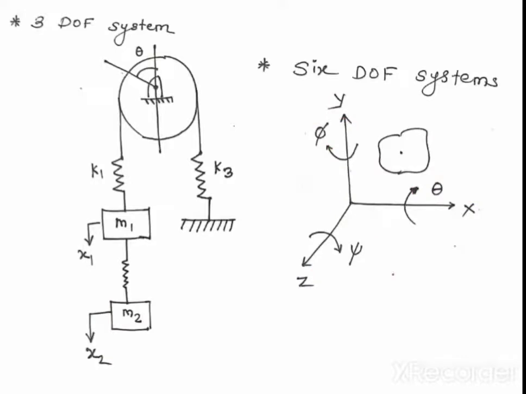If you take any body in a space, it can rotate along the x-axis, along the y-axis, along the z-axis. I have shown you that diagram of a car. So we got the three movements: one is a rolling movement, one is a yawing movement, and one is a pitching movement.